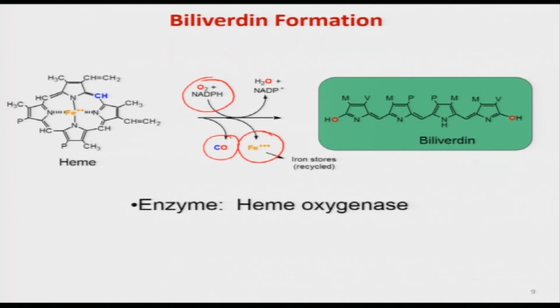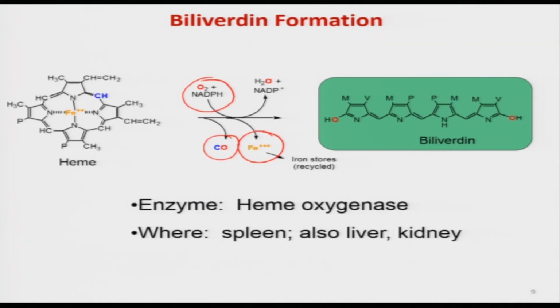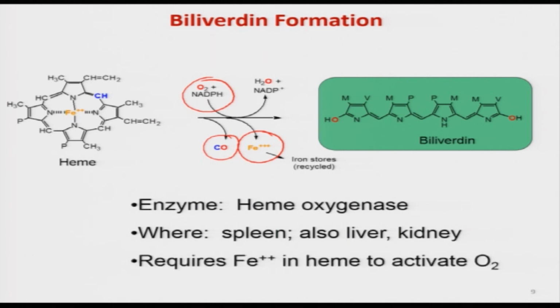The enzyme responsible for this transformation is heme oxygenase, and we find this in the spleen and also in the liver and kidney, and it requires iron in the heme center to activate dioxygen.